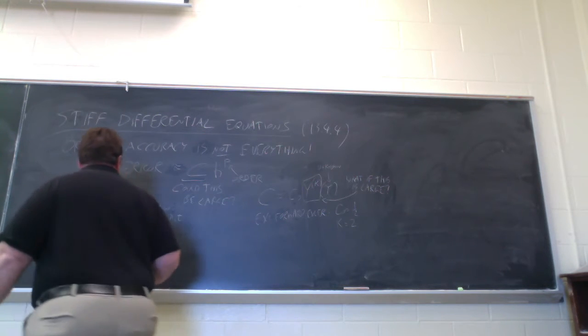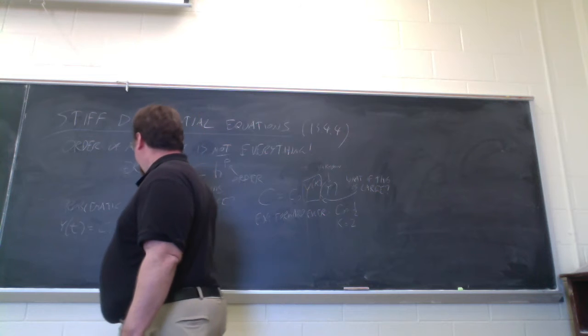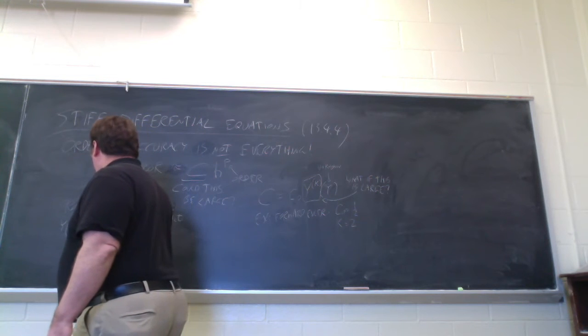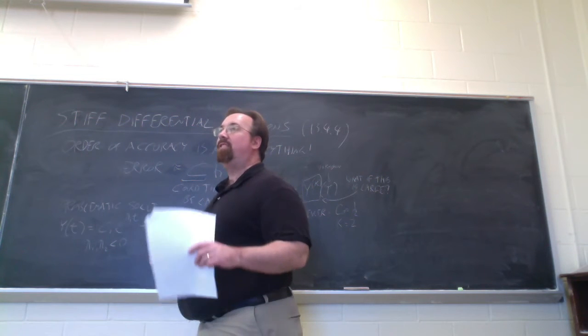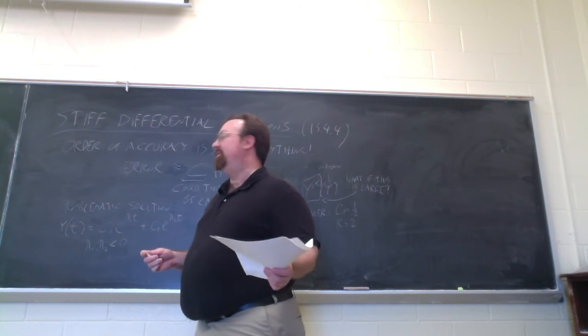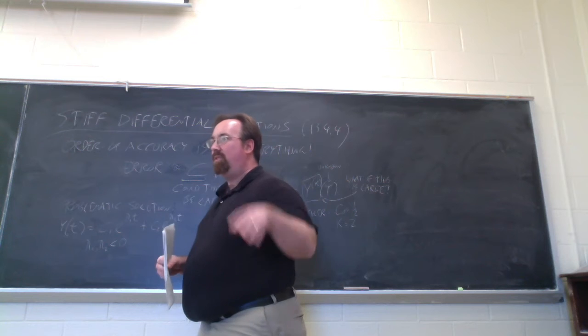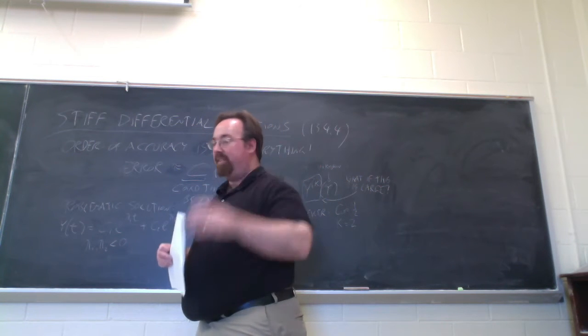Okay, now let's make some assumptions. We'll assume that lambda 1 and lambda 2 are both negative. That way the solution is not growing over time. It's decaying to 0 at some rate.